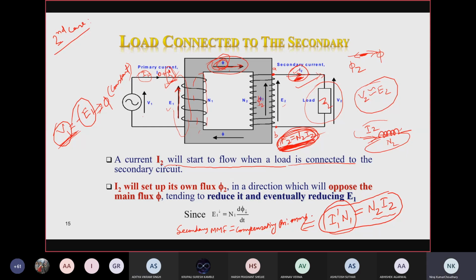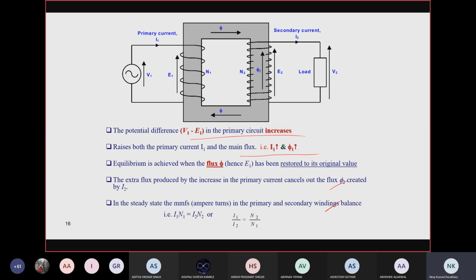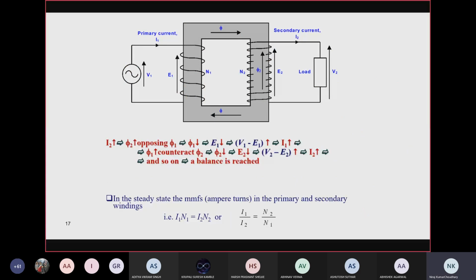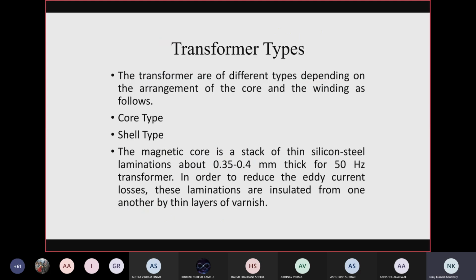So the same thing is expressed in these slides, the same counteracting or opposing effect, how the balance should be between the two. So this is the complete working principle of the transformer, right?